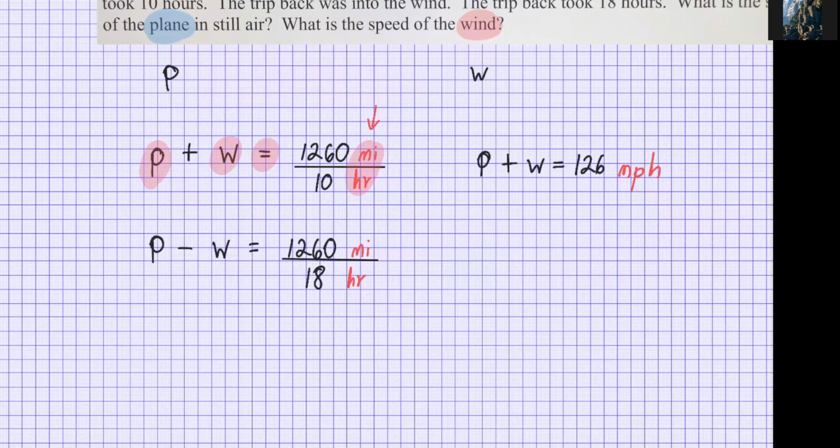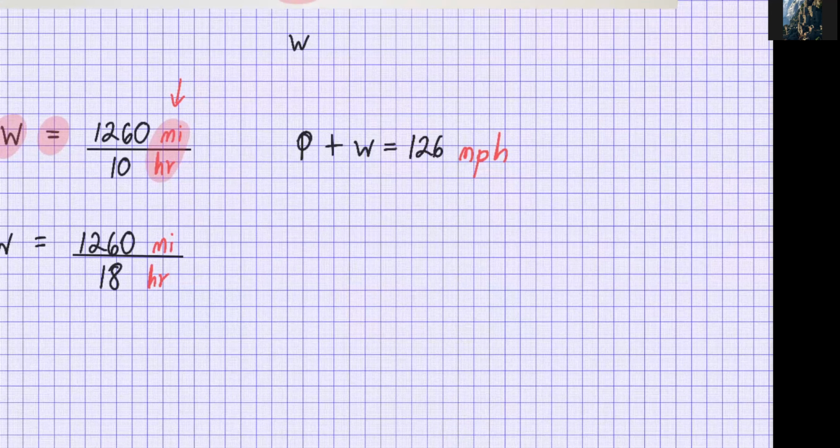So now we have to divide 1,260 divided by 18. And let's put that in the calculator. That equals 70. So the second equation will be the speed of the plane minus the speed of the wind will be 70 miles per hour.